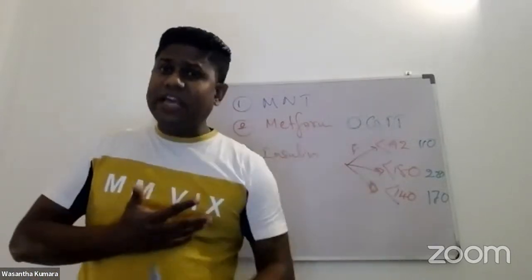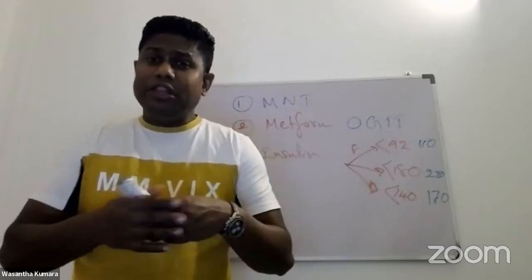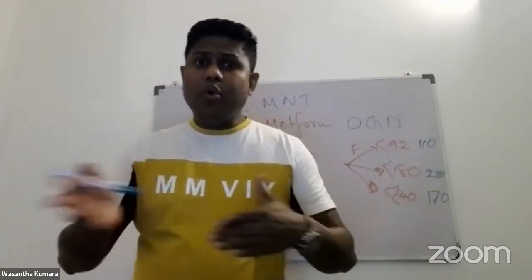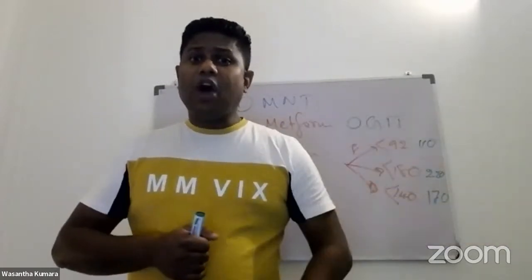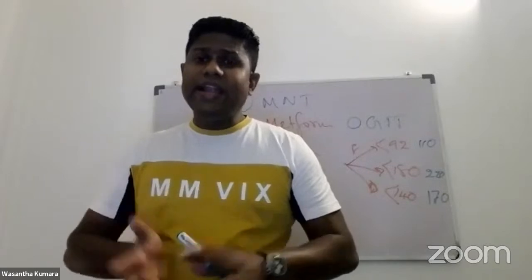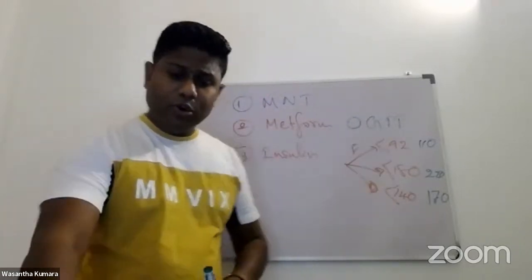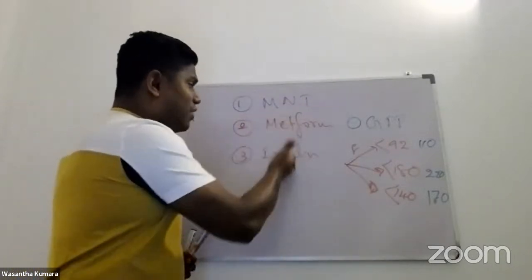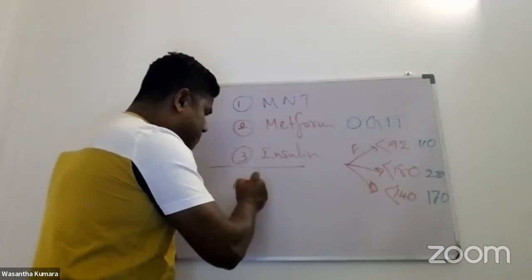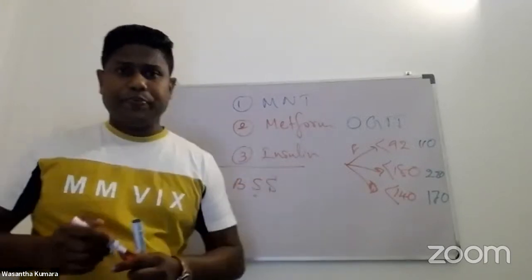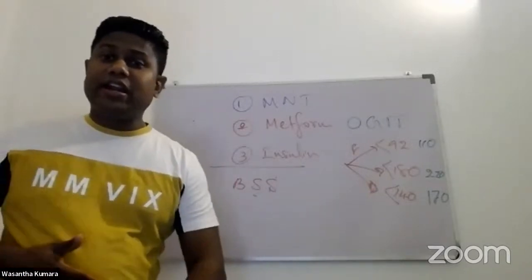This is after giving glucose, but actually we don't know what the normal diet is. How is the blood sugar during the morning, noon, and evening? We don't know. So ideally, if you get a high OGTT value, it is better to do a BSS, blood sugar series. You can even start one of these options, but the best thing is to do a blood sugar series. You can admit the patient, or ask the patient to get it done and come to your clinic.